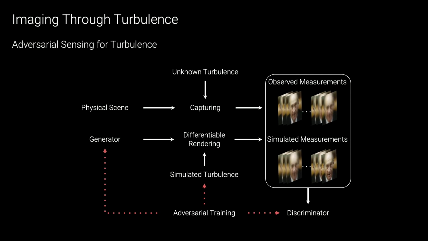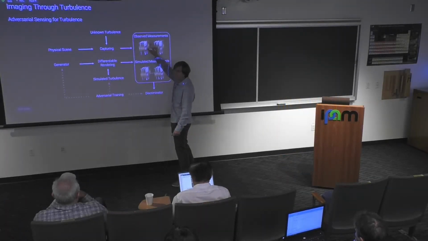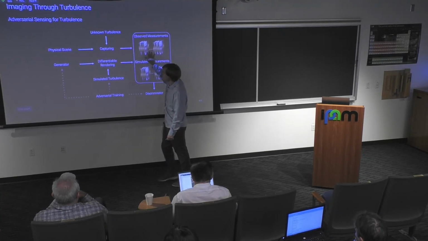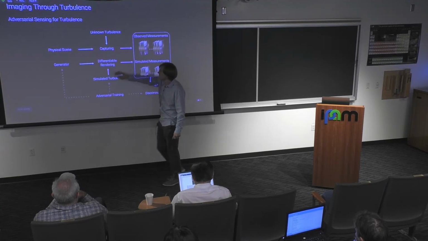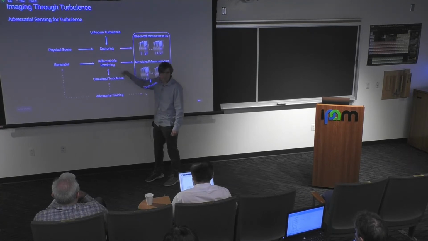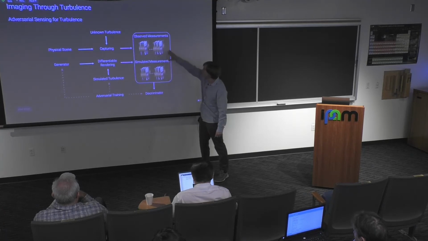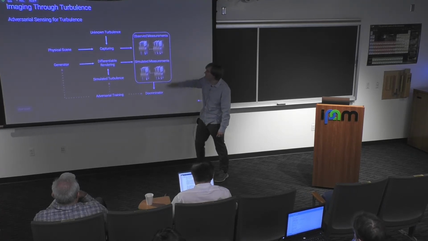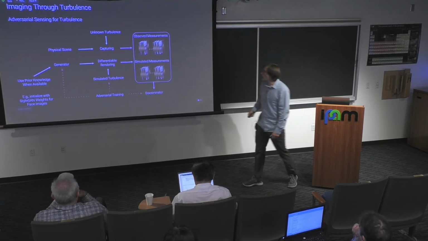We have our physical process that produces the set of perturbed, blurry observations, and then we have our generator, which passes through a differentiable rendering engine. Here it's no longer tomographic measurements, but that fast approximation of the spatially varying blur I described earlier. We have our simulated measurements. We compare this distribution with this distribution and update the generator until it reconstructs the scene.